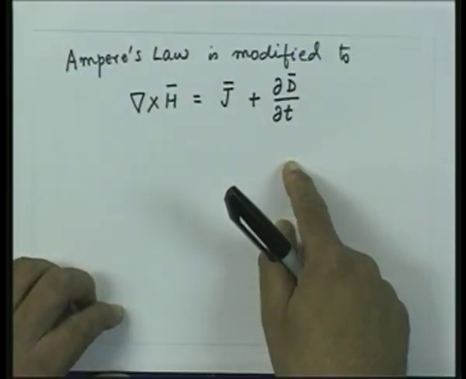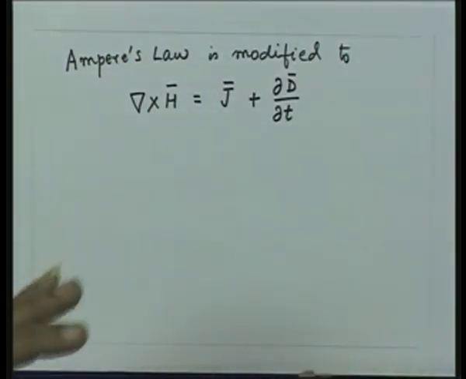Essentially, we now have four equations: the Gauss law, the Gauss law equivalent applied to the magnetic field or magnetic charges, Faraday's law of electromagnetic induction, and Ampere's law appropriately modified to accommodate what is called the displacement current density. This makes the complete set of equations which represent static and time varying electric and magnetic fields.